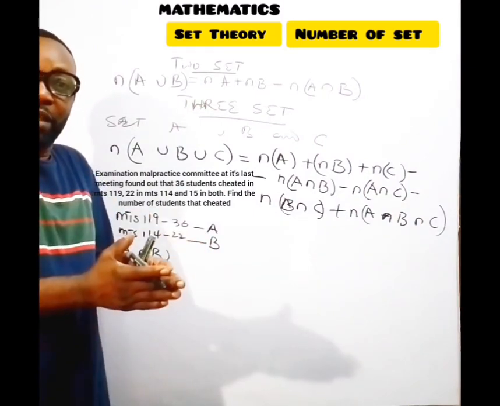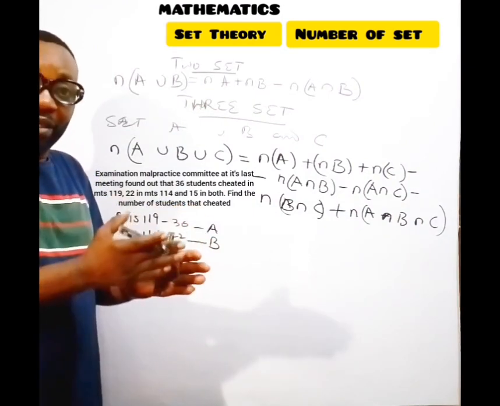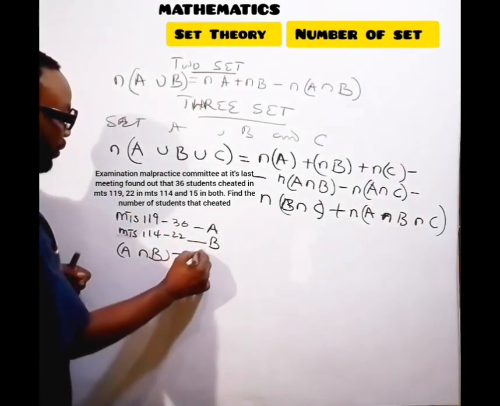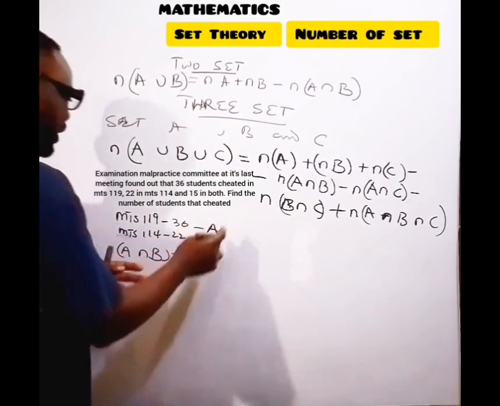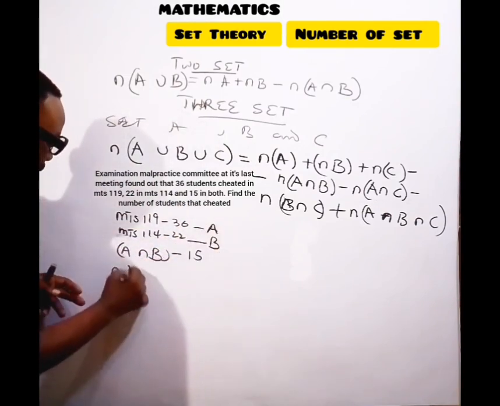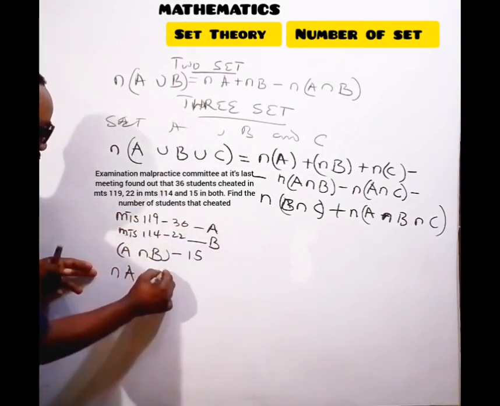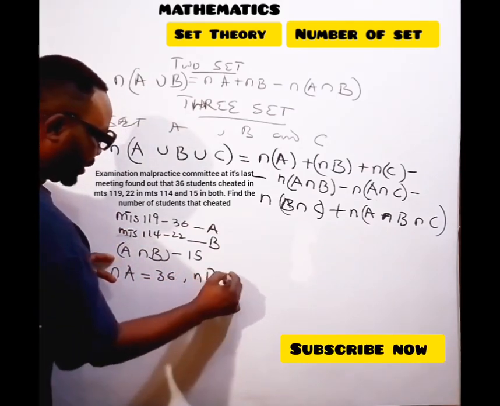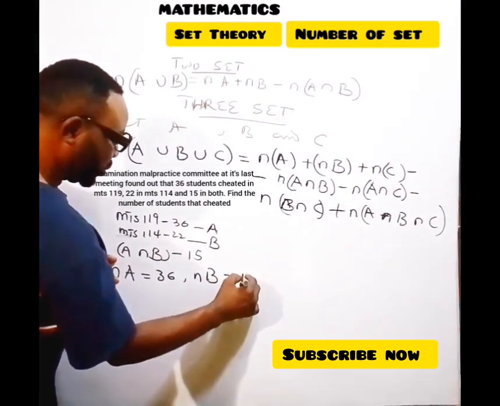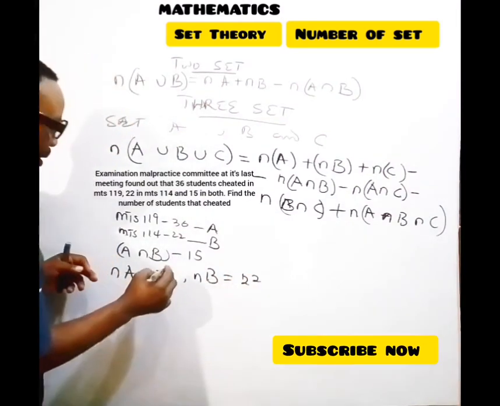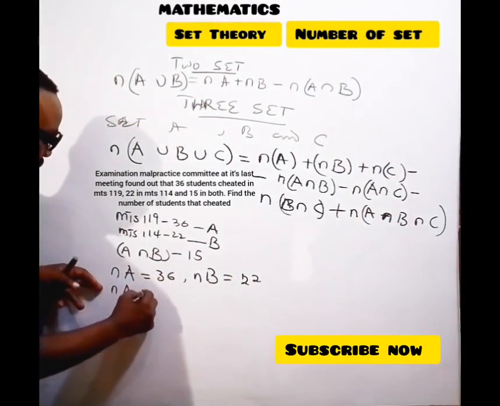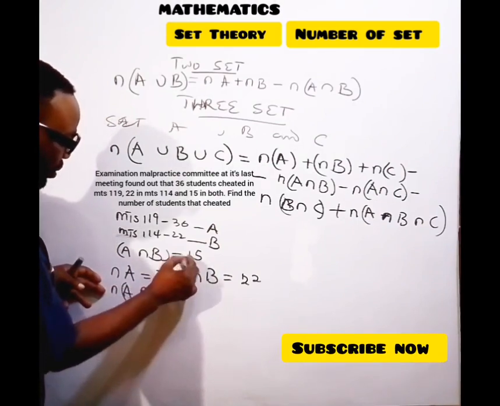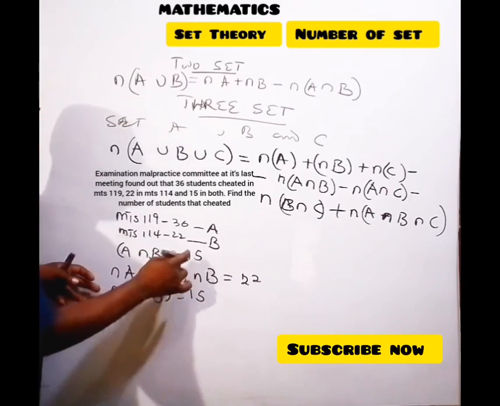How many of them cheated in both? That is 15. Now, if I call this A, number of A is equal to 36. Number of B is equal to 22, where the number of A intersection B is equal to 15.